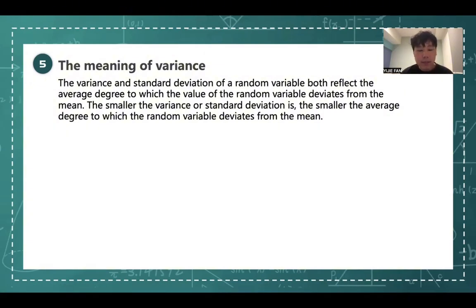The smaller the variance or standard deviation is, the smaller the average degree to which the random variable deviates from the mean. So in the previous example, we know that because the variance of student two is smaller, it means student two is more stable in the competition.